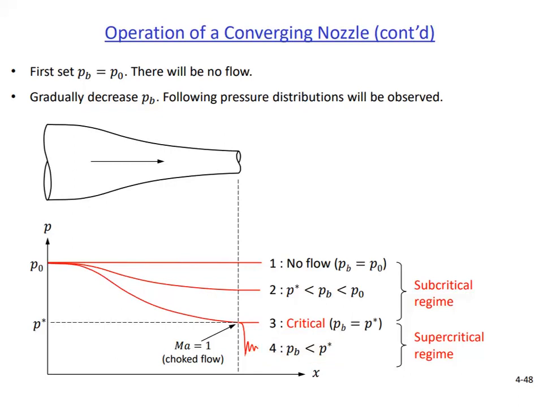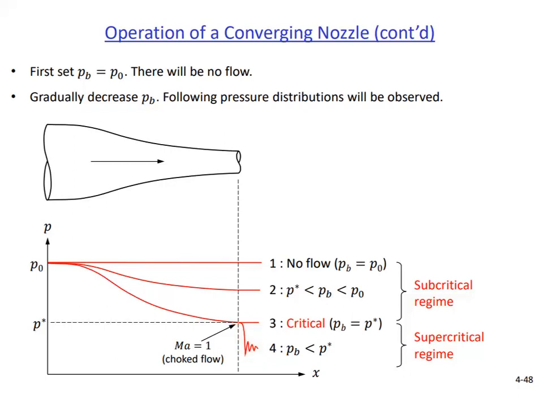The difference between cases 3 and 4 is seen after the nozzle exit. In case 4, the gas will exit the nozzle at the critical pressure and will suddenly find itself in an environment at a lower back pressure. The exiting jet, called a supercritical jet, will adjust itself to this environment by non-isentropic expansions and contractions, shown here as the oscillating pressure line.